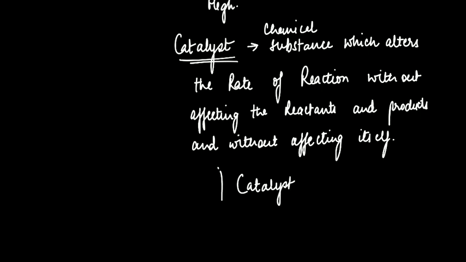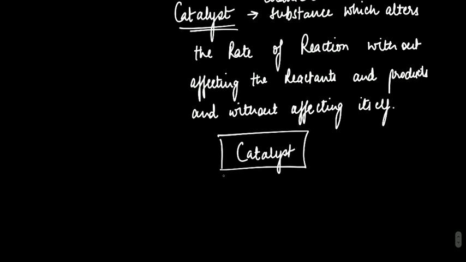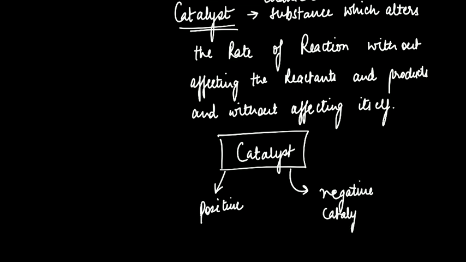Catalysts can be of many types. I'm just going to discuss only two here in brief. We have something called a positive catalyst, and then we have a negative catalyst. These are also called poisons.